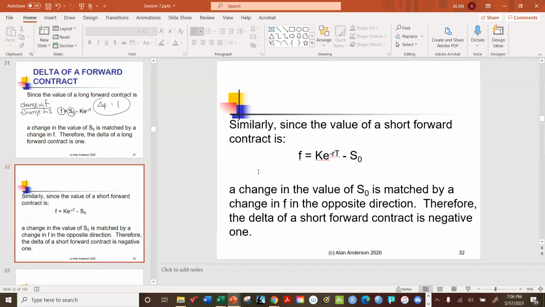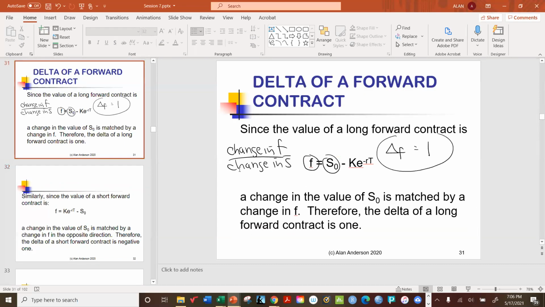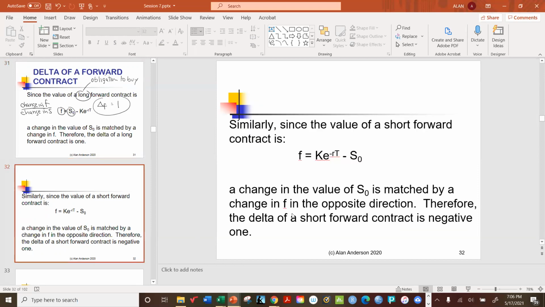Now, for a put, this is a short forward contract. By the way, I just want to remind you, a long forward contract gives you the obligation to buy. And then the equivalent short contract is the obligation to sell.